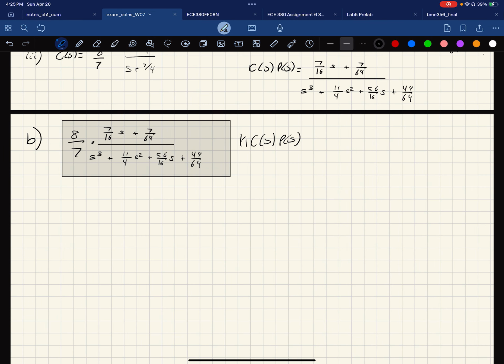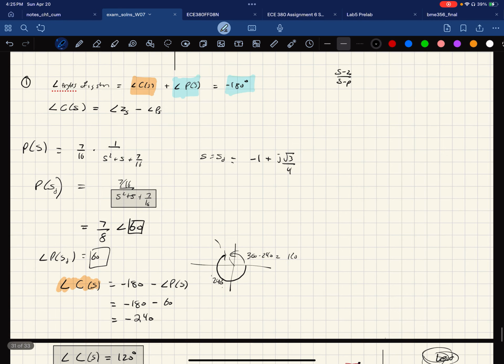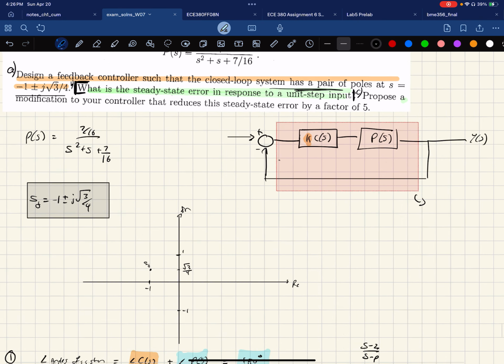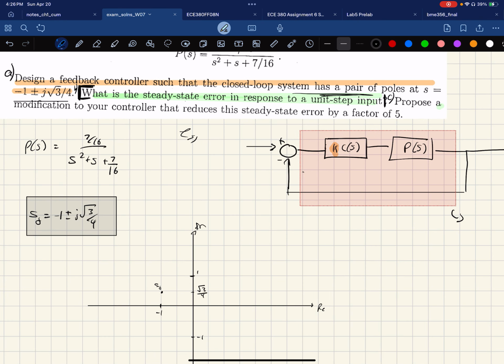The steady state error in response to a unit step input is going to be the limit as s approaches 0 of s Y(s). This is by the final value theorem, right? What is E(s)? Oh, you're asking me what is e_ss, in response to a unit step input.